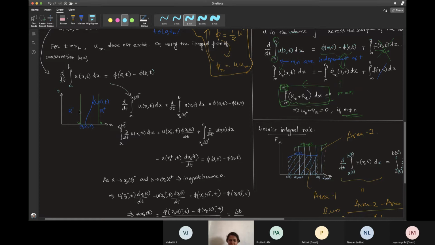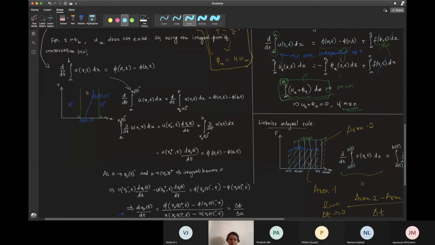Now let's just not call it shock wave, let's call it discontinuity. We have a discontinuity over here, that is u is a continuous function in this region R minus, and u is a different continuous function in R plus. So along this curve we have some kind of a discontinuity.